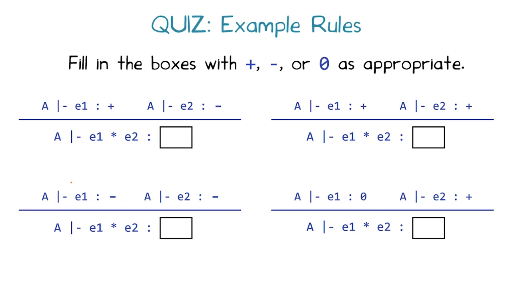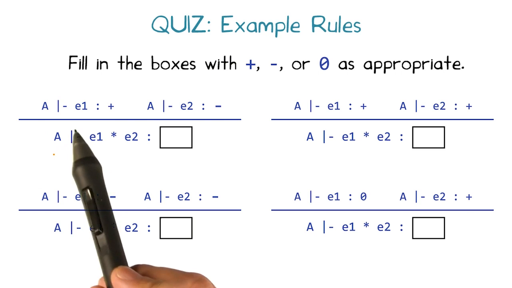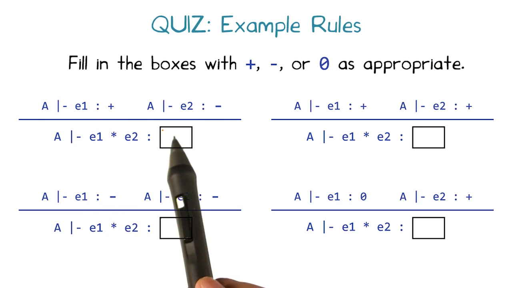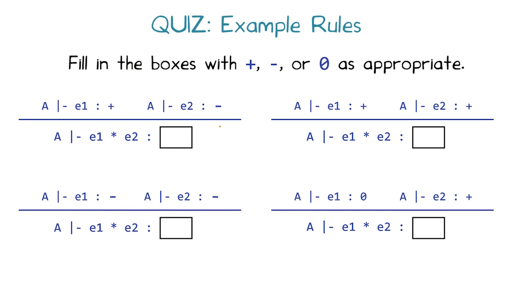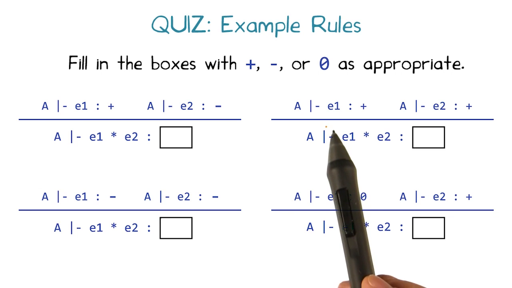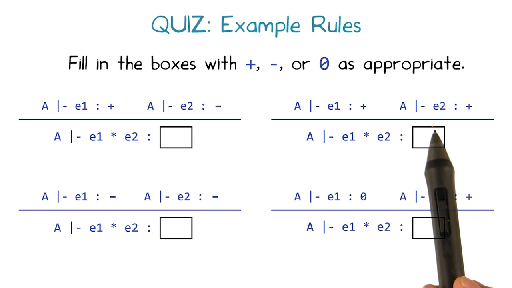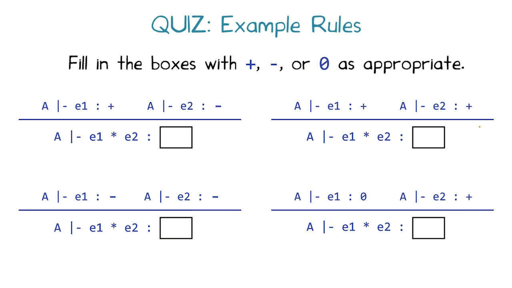Under the environment A, if it is provable that E1 has value plus and E2 has value minus, then it is provable that E1 times E2 has value blank. Under the environment A, if it is provable that E1 has value plus and E2 has value plus, then it is provable that E1 times E2 has value blank.